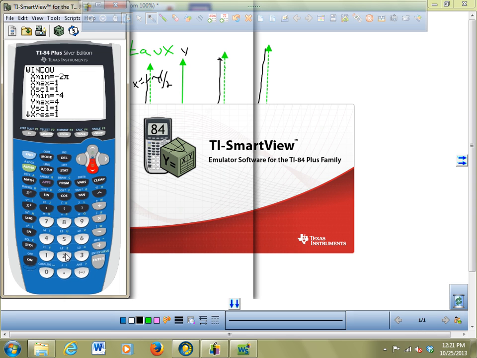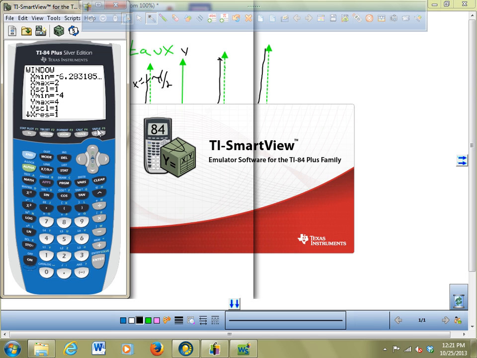Go to x min. Did I do a minus sign instead of a negative sign? That's what I did. Okay, you've got to be careful with that. Make sure you're putting in a negative sign, not a minus sign. They're different in this thing. Then I'm going to go to 2 pi, and then I have negative 4 to 4.